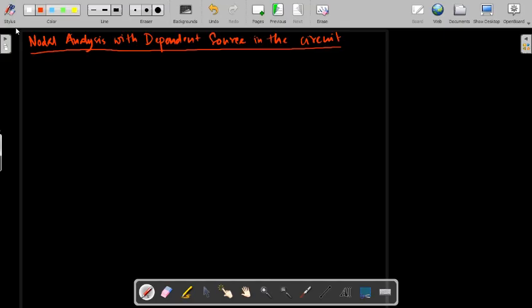So let us go for the nodal analysis with dependent source in the circuit. For that I am taking a circuit which consists of the dependent source.